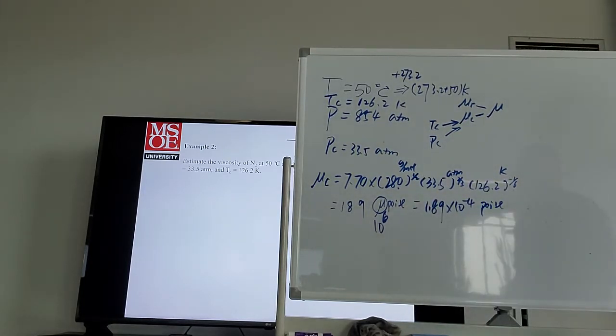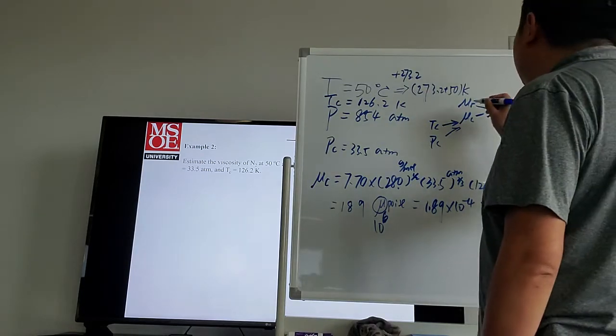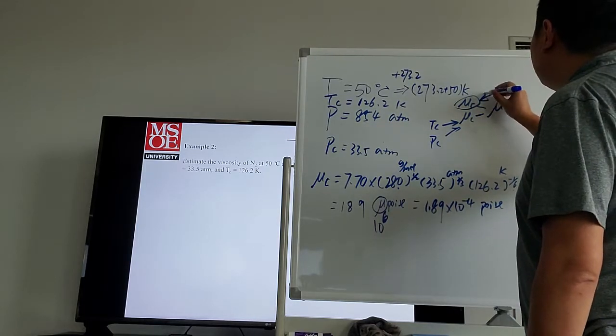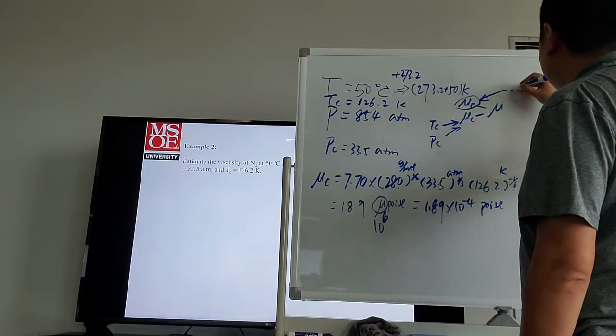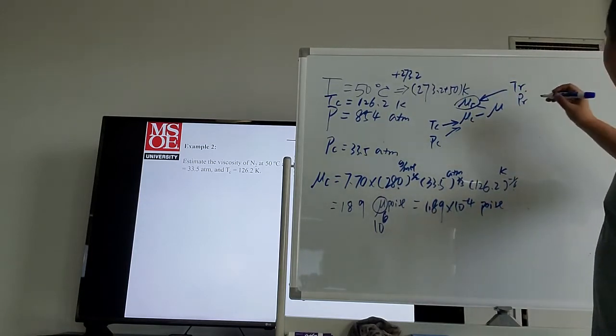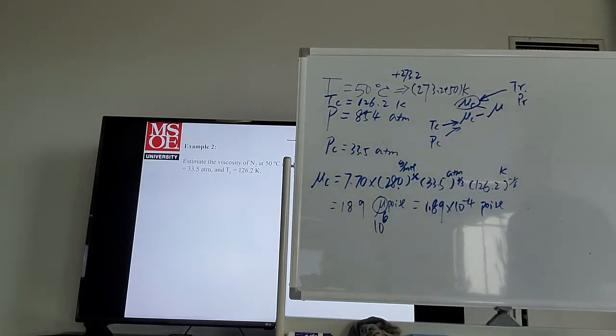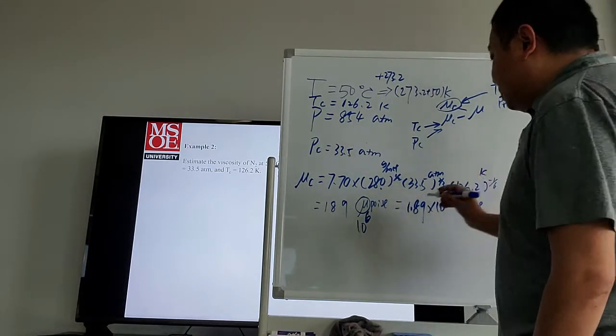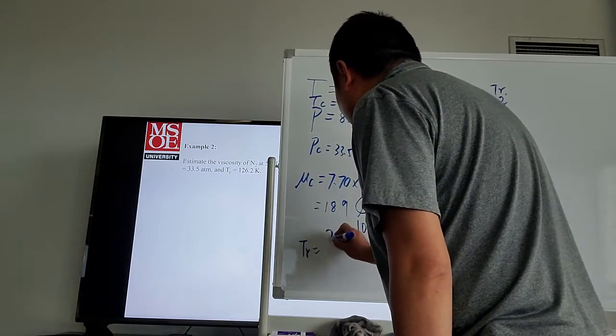So we have mu C now, so we need mu R, right? To get mu R, we need TR and PR. To calculate TR and PR is easy.